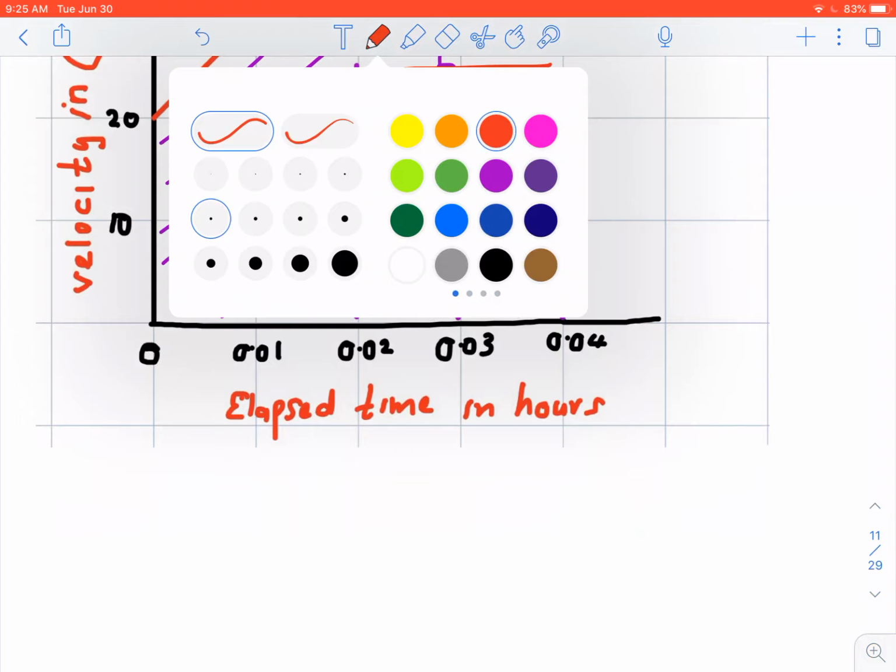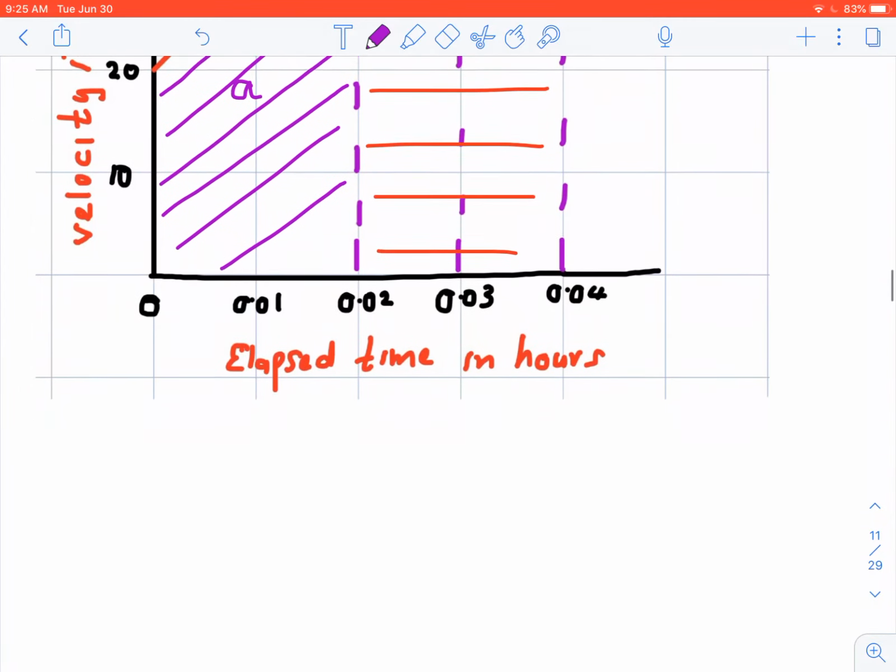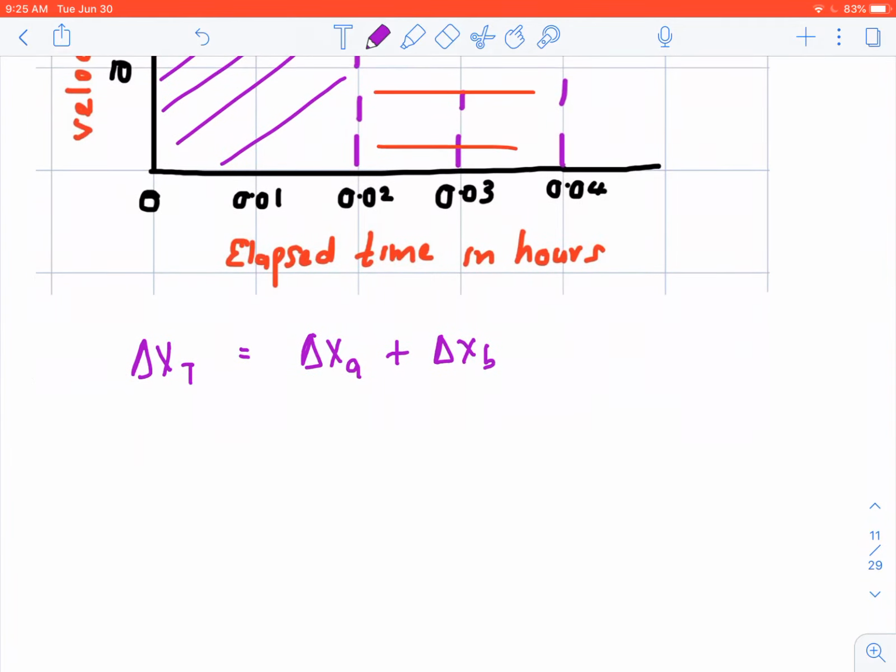So if we now look at the area, what is the total area? We say change in x total would be change in x of A, a trapezium, plus change in x of B, which is our rectangle. Now if we look at the trapezium, how do we get the area?